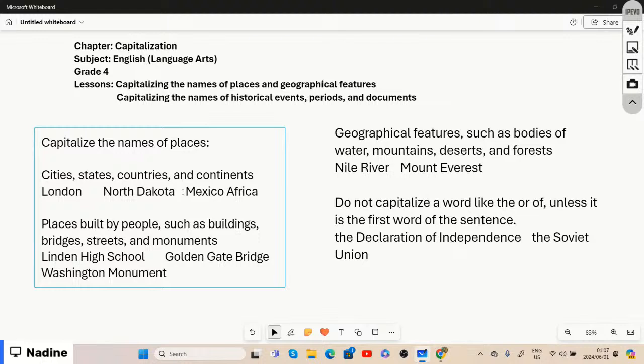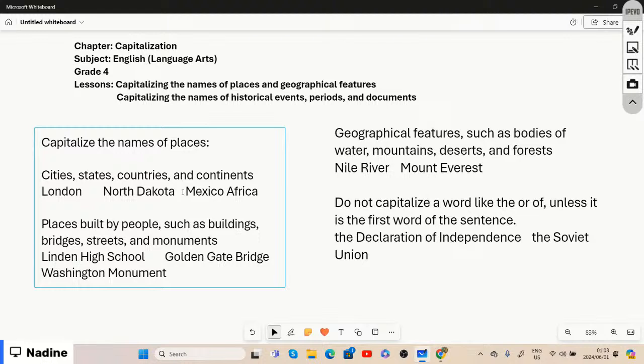So now we need to capitalize the names of places. So we need to capitalize names of places, right?